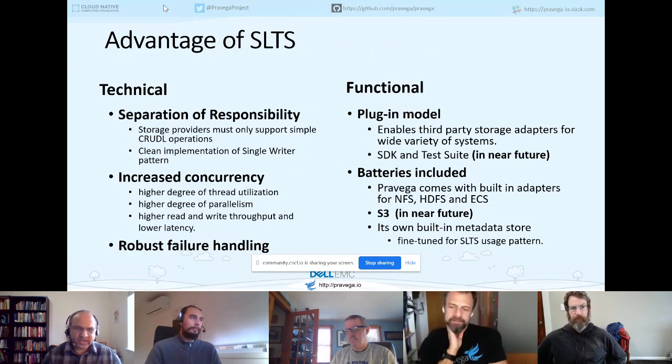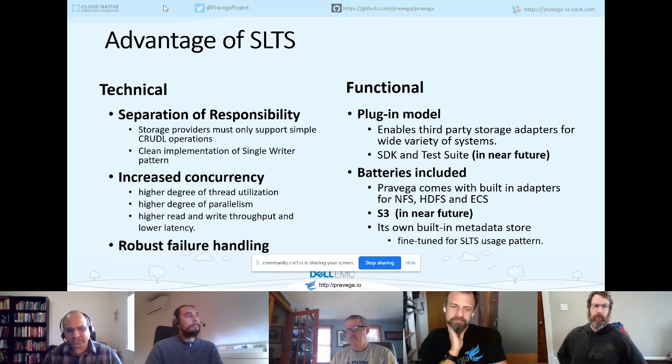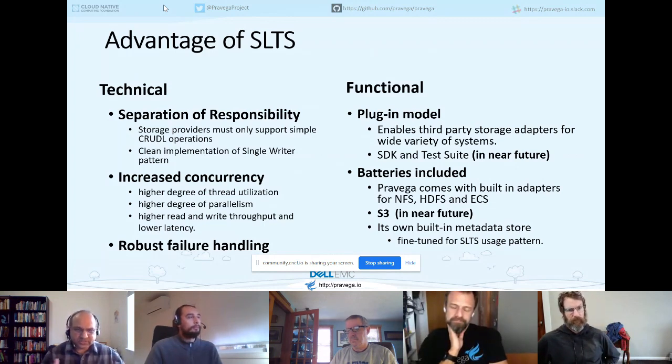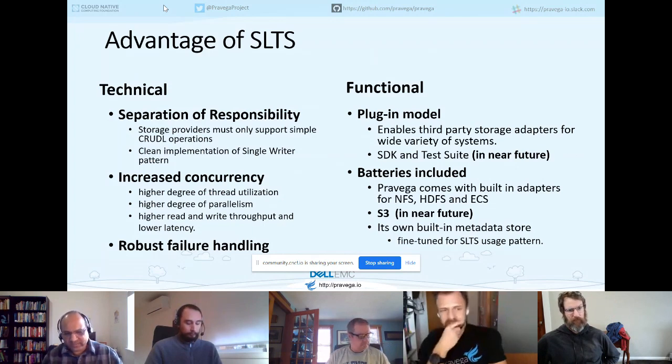The storage providers must only support the simple CRUDL operations. The SLTS actually takes the responsibility of implementing single writer pattern, atomic appends, dealing with eventual consistency, dealing with creating segments out of immutable objects.